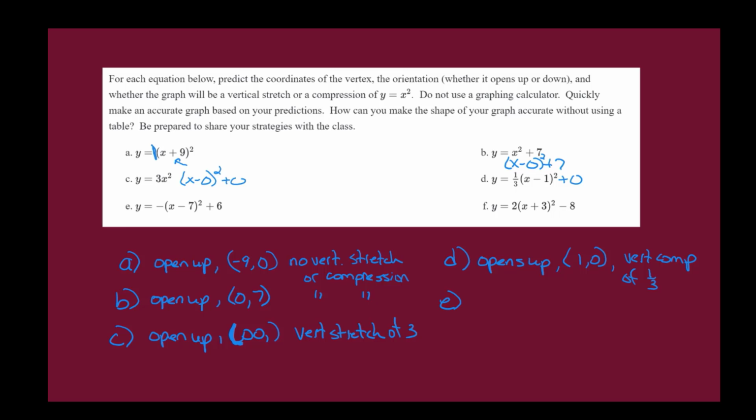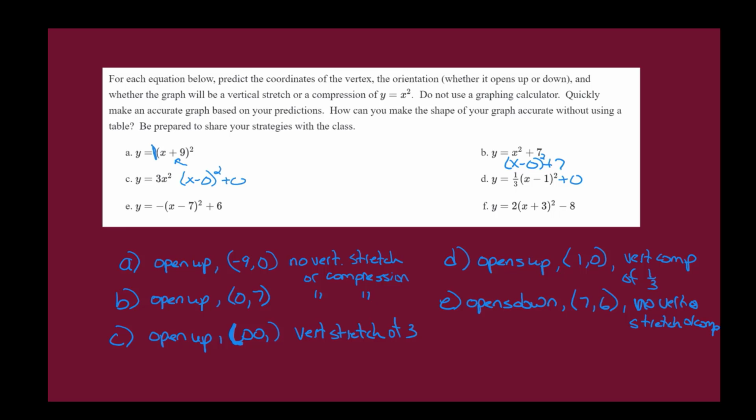E, this is the only one that opens down because our A is negative. It has a vertex of 7 because it's minus 7. It's going to be 7 to the right and 6 as our Y value. There's no vertical stretch or compression.